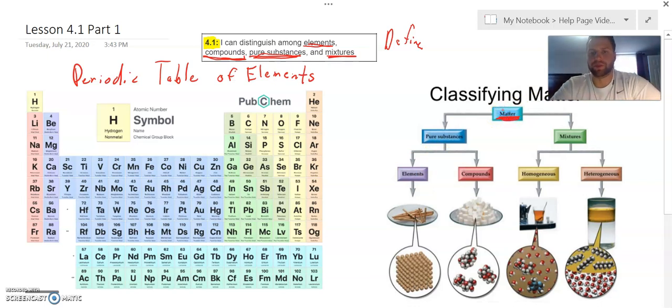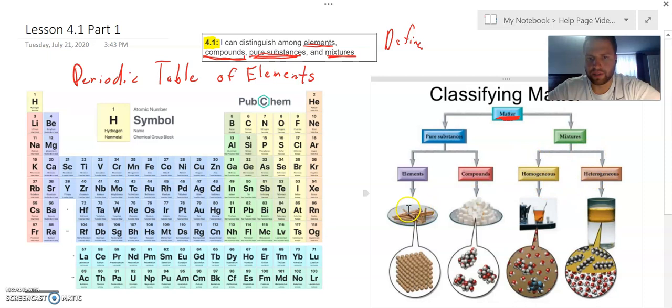So physical substance. Then this matter can be broken down into two subcategories, pure substances and mixtures, which we'll go over today. And pure substances can be broken down even further down to their components, elements or compounds, and we'll talk about these two words at a later date.